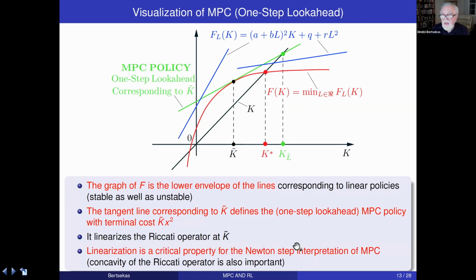You linearize the equation at the current iterate, solve the linearized equation, and that's the next iterate of Newton's method. So this linearization is a critical part of this graph. Also, for analytical purposes, the concavity of this Riccati operator is important. All of these properties generalize to linear quadratic problems of multiple dimensions and beyond.